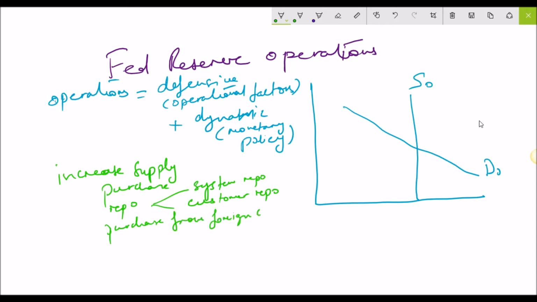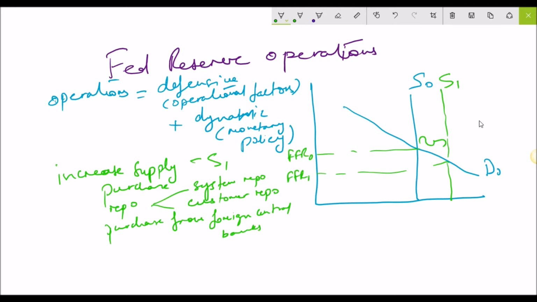The Federal Reserve Bank can also purchase internally from a foreign bank. Now, to reduce liquidity of reserves, the Federal Reserve Bank can sell securities outright, conduct a reverse repo, either a system or a customer repo, and make a sale internally to a foreign bank.